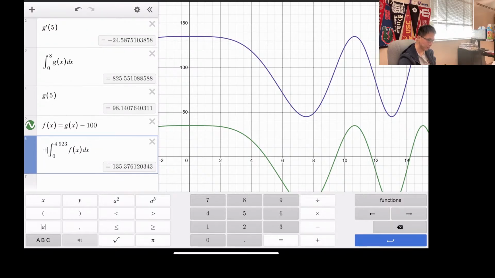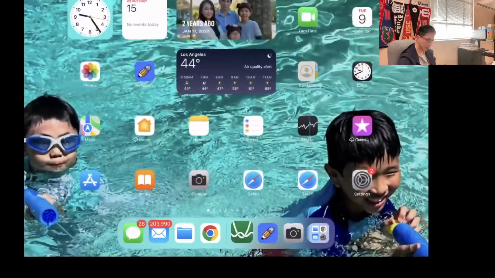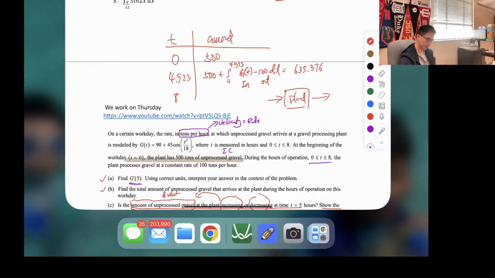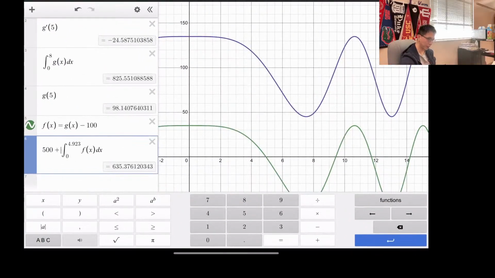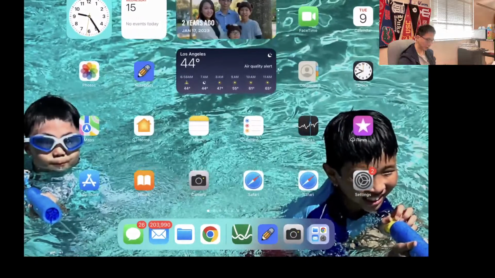That gives $635.37, 376. And I'm going to do the 8 as well because I need a candidate. It's 525.551.